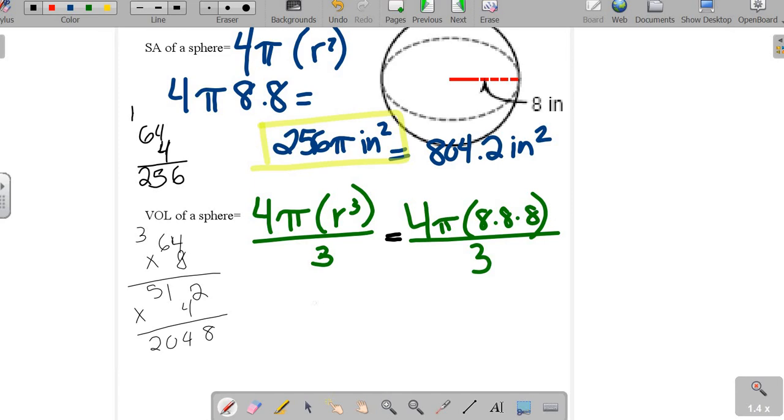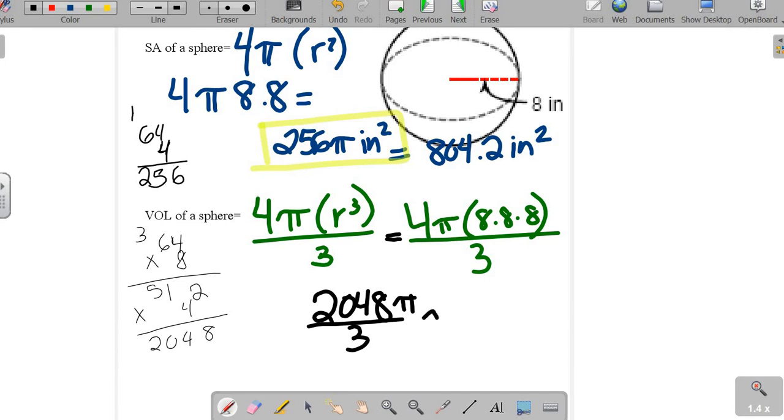So we get 2048 pi over 3. That's exact terms because 3 does not go into 2048.